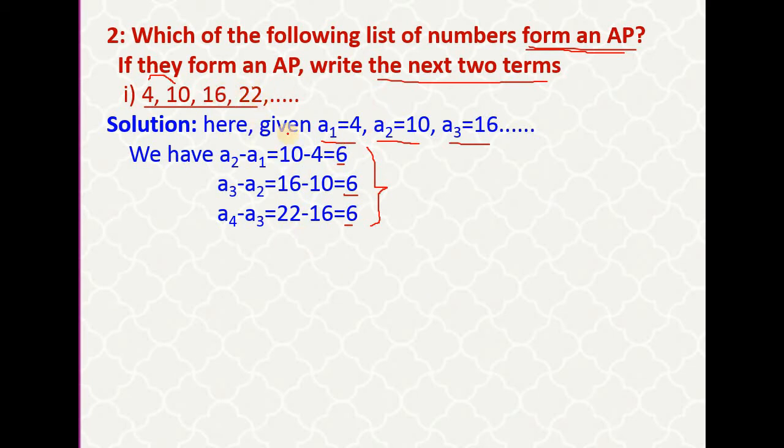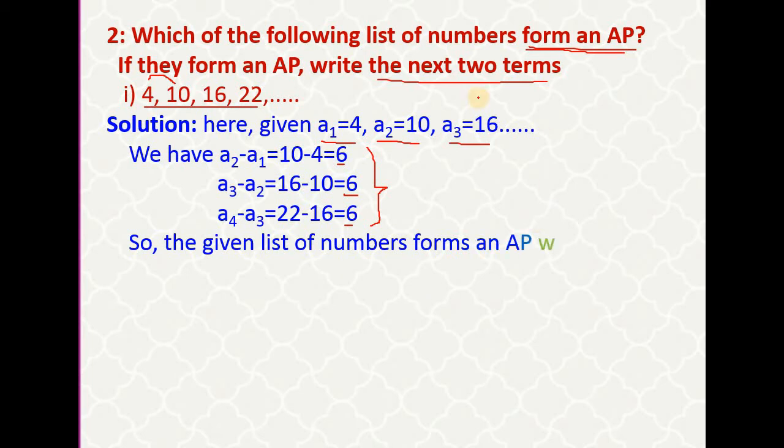So the given list of numbers forms an AP, and we can find the next two terms of this arithmetic progression. Therefore, the given list of numbers forms an AP with common difference 6.